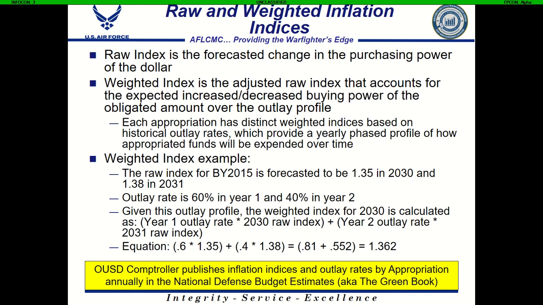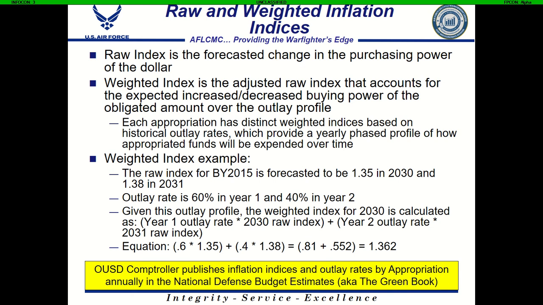Here's that example laid out with two theoretical indexes. We have a raw index for base year 15. It's forecasted to be 1.35 in 2030 and 1.38 in 2031. The presumptive outlay profile for this made-up example is 60% in year one and 40% in year two.